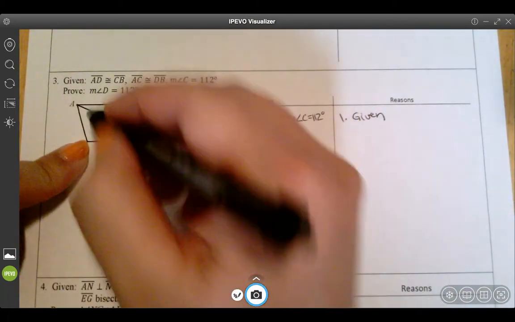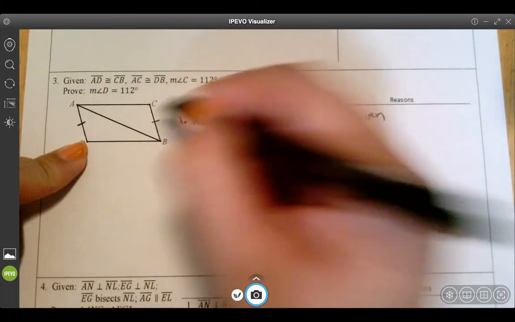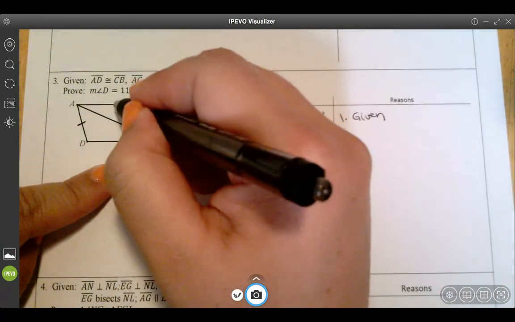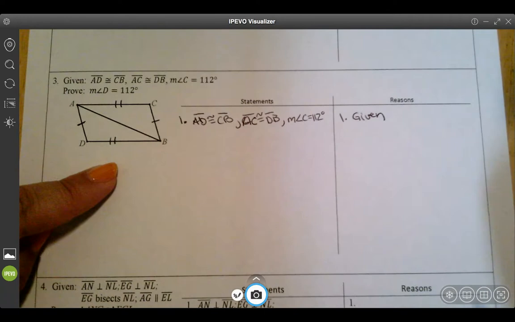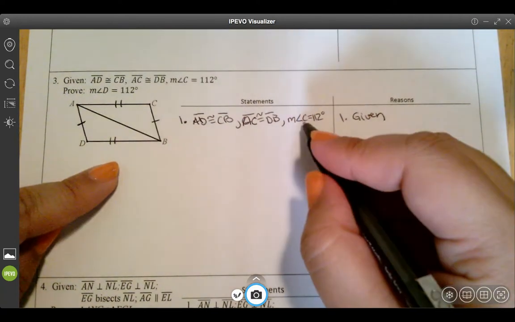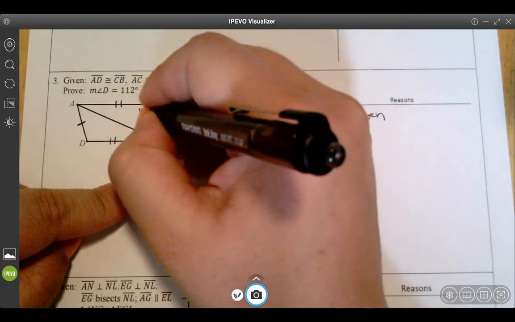And mark it on our diagram, AD with CB, AC with DB, okay? And the measure of angle C is 112 degrees.